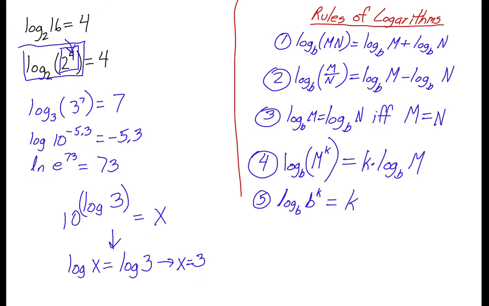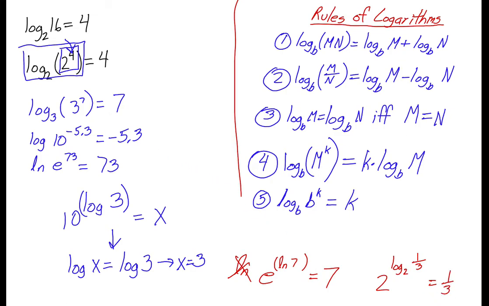In the same way, e to the natural log of 7 is going to be 7. And 2 to the log base 2 of 1/3 is going to be 1/3.